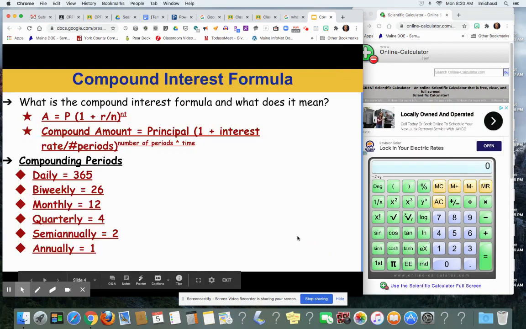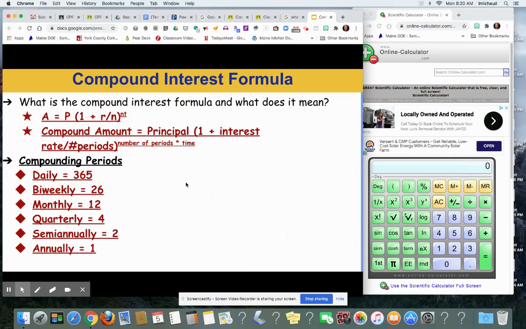All right. So this is the compound interest formula, and it is a little bit more complex than the simple interest formula. It's A, that stands for the compound amount. So that's what that investment is worth at maturity. Remember, at maturity means at the end of the term, is equal to P, 1 plus R over N raised to the NT.